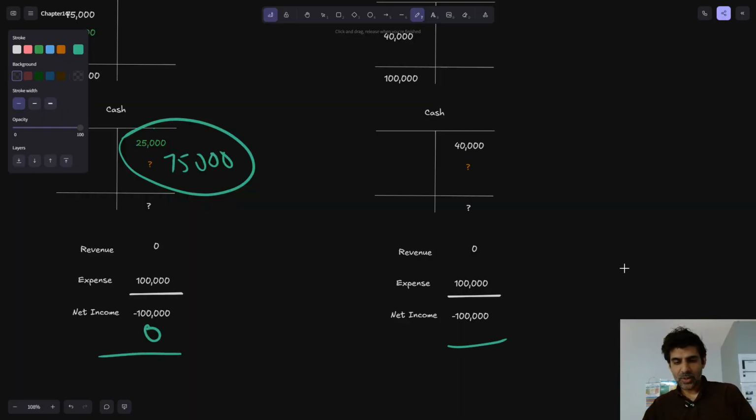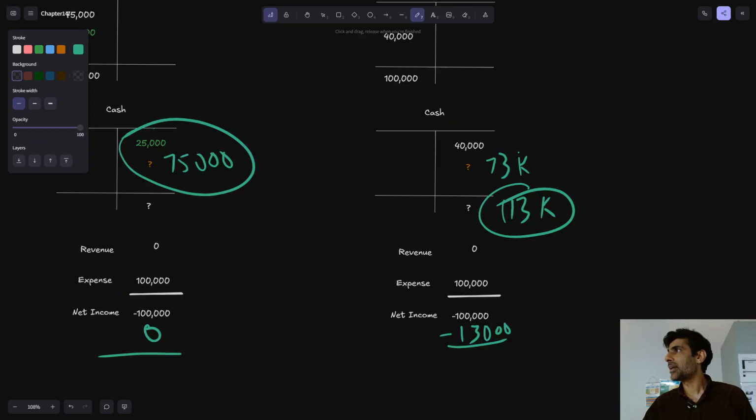What about this? We just saw that this was 73K and our total was 113K. So we need to adjust this, right? We need to negatively adjust this by 13,000 to get to this decrease. Agree? Okay, so now it's 113,000. Now we have the respective cash flows: this was negative 100,000 and this was negative 113,000, and they correspond to this cash.